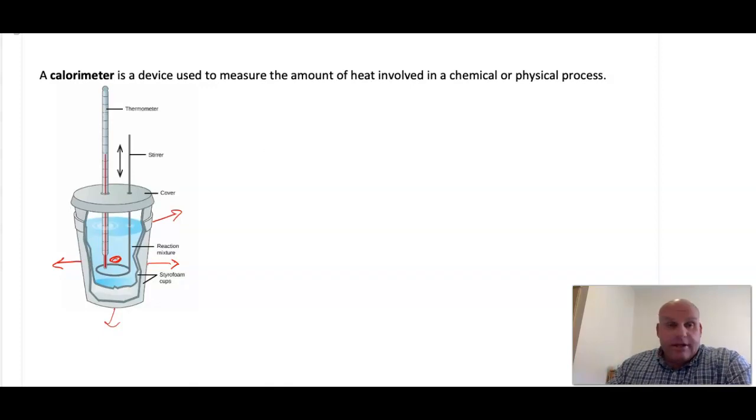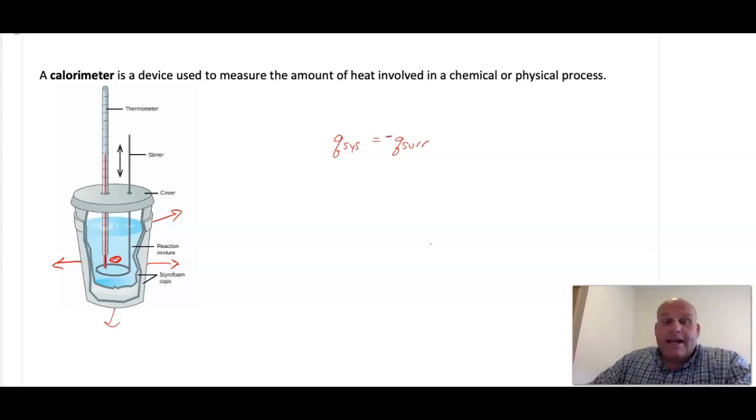As we get into some calculations here, a couple key points that we want to always keep in mind, right? So first, heat is neither created nor destroyed. So the heat of my system is going to equal the heat of my surroundings, the difference being something's losing heat and something's gaining heat. So we'll make one of these values negative.